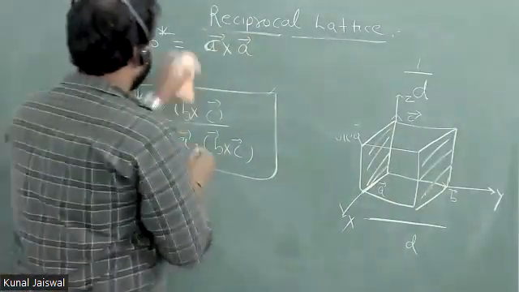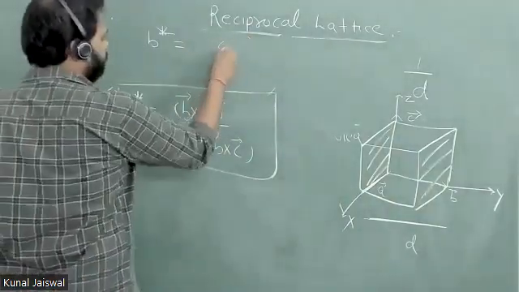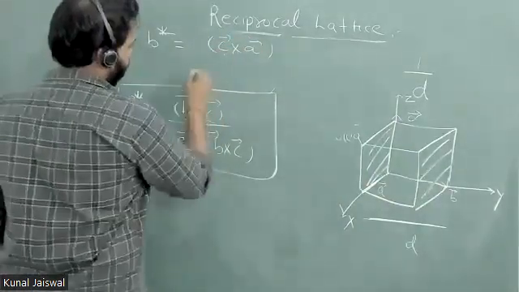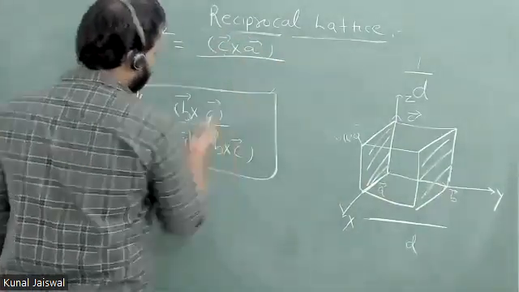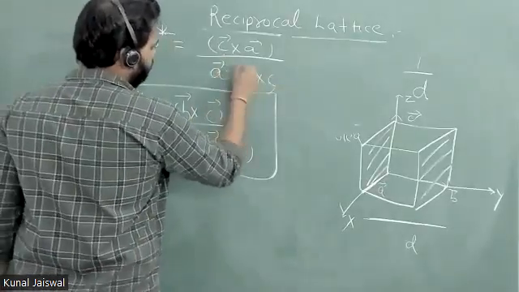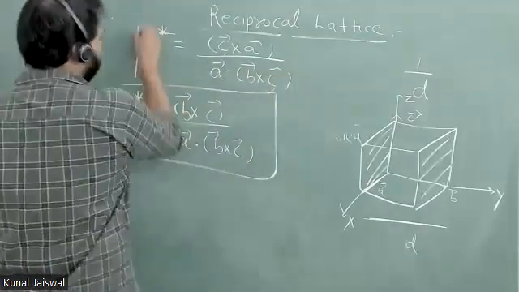C vector cross A vector. This will be your area. Yes, sir. And the volume will be same. Volume में थोड़ी ना change होगा. Volume will be A dot B cross C. This is your B star.